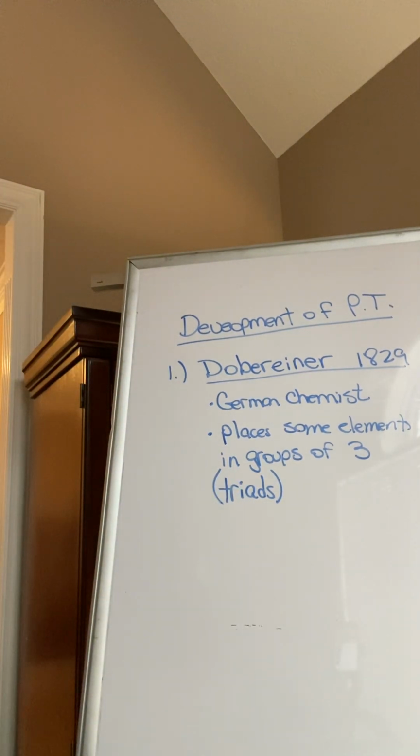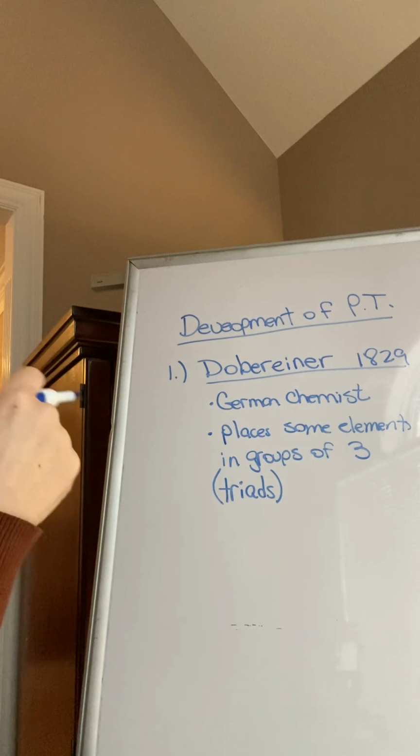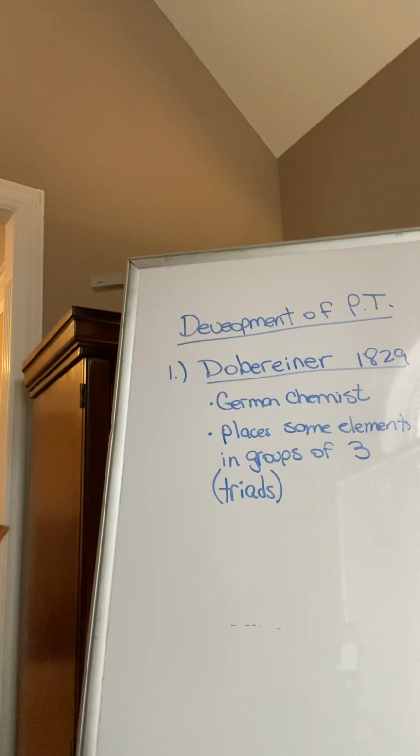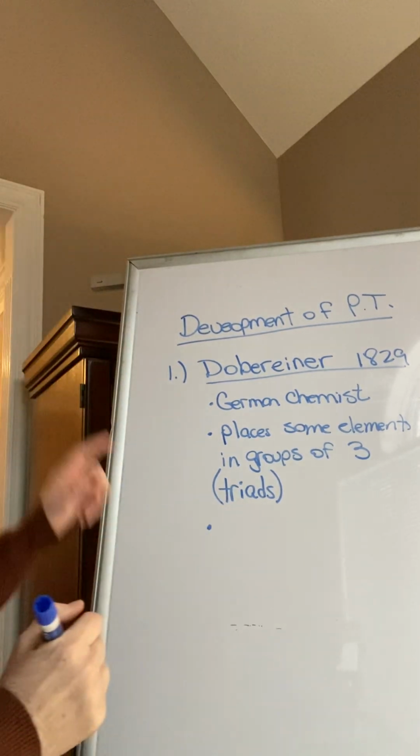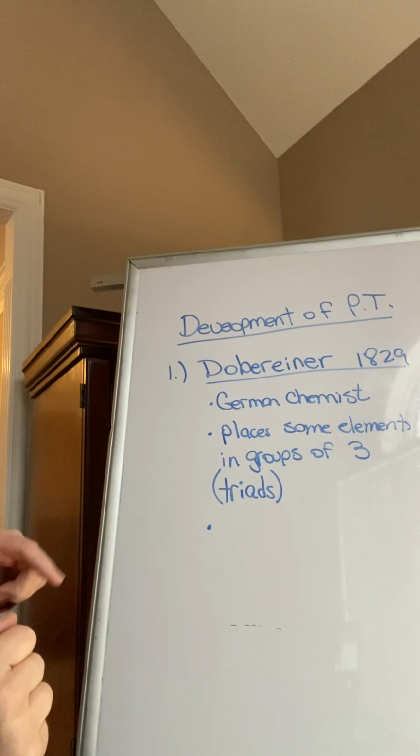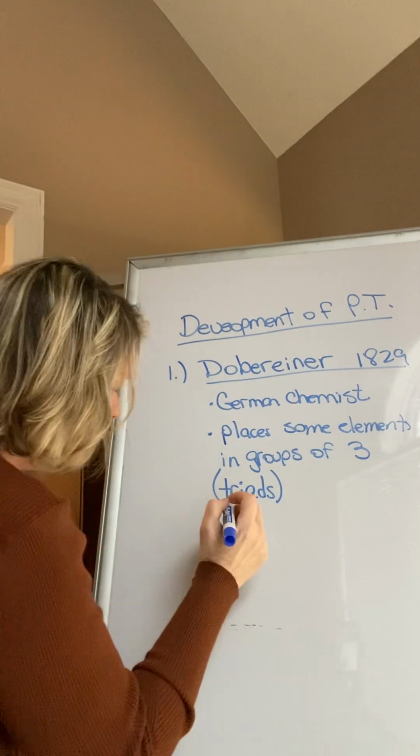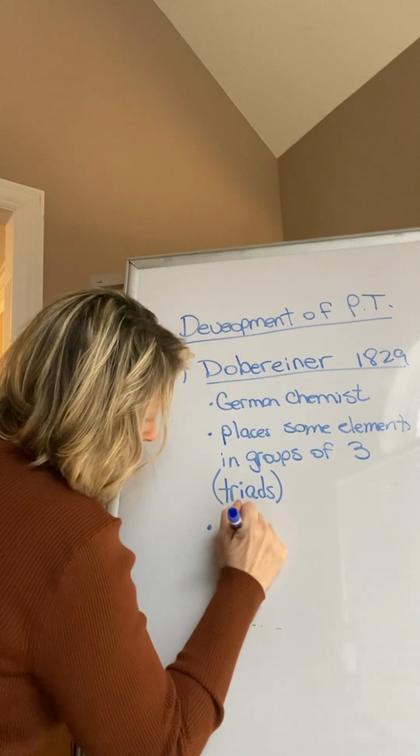Groups of 3 or triads. Now, when he places these particular elements in groups of 3, he sees some repeating properties. Or he sees properties that are changing in very predictable ways. So when he does this, what he notices is that the ones that he puts in groups of 3, he puts them there because they have similar chemical properties.